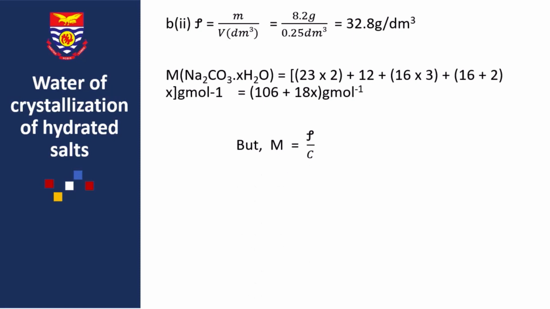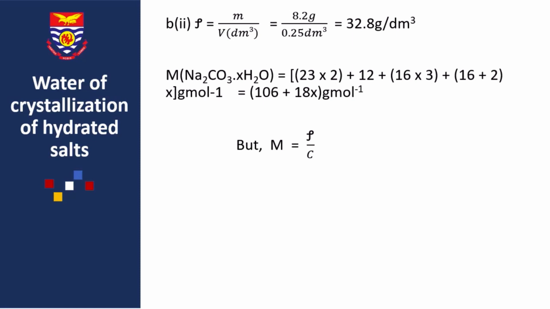Now, knowing that, we can say that molar mass is equal to rho over amount concentration. We are now going to look for the value of x, or the number of water of crystallization. We can calculate the molar mass using the relative atomic masses, and that is what we have done to get the 106 plus 18x.